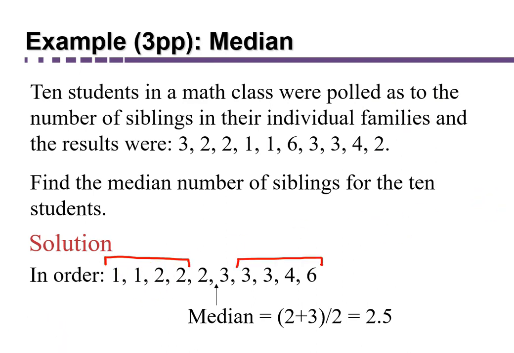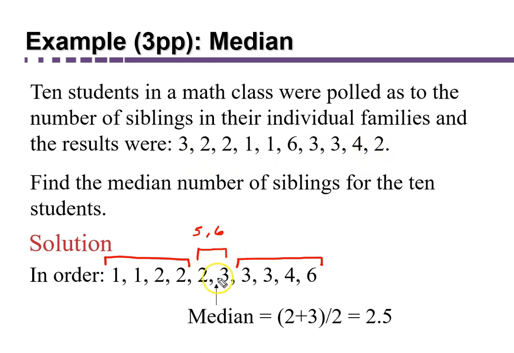So we have 4 numbers on this side, 4 on this side, and then since this is even, we have the 2 in the middle. This would be the 5th and 6th place of our listing in an ordered way.